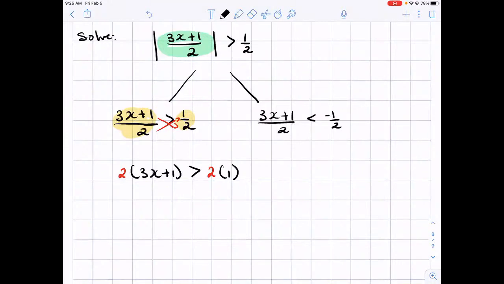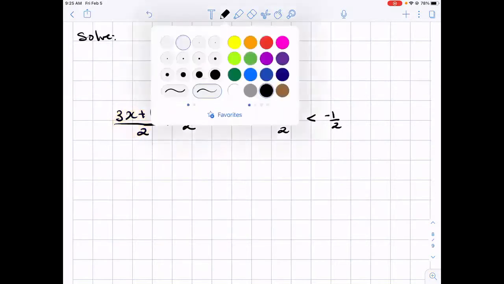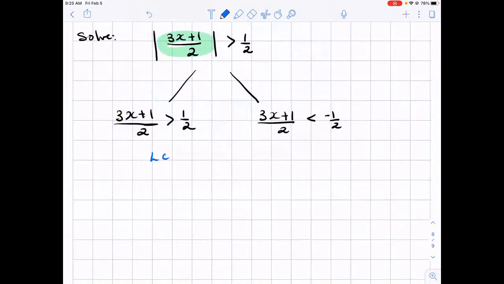Alternatively, if you wanted, you could have done what we were doing before. You could also find the common denominator. The lowest common denominator here, LCD, is 4.